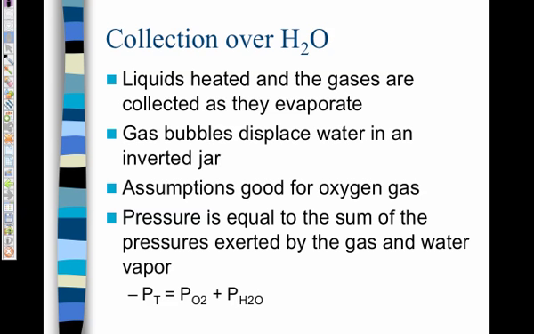So we're going to use the same partial pressure laws that we had, but it's a specific one where we have partial pressure of oxygen plus the partial pressure of water vapor, and this water vapor depends on the temperature, so you'll look at a chart and get that. That would give you the total pressure. It'd still be the same thing. We're going to be doing it the same way.